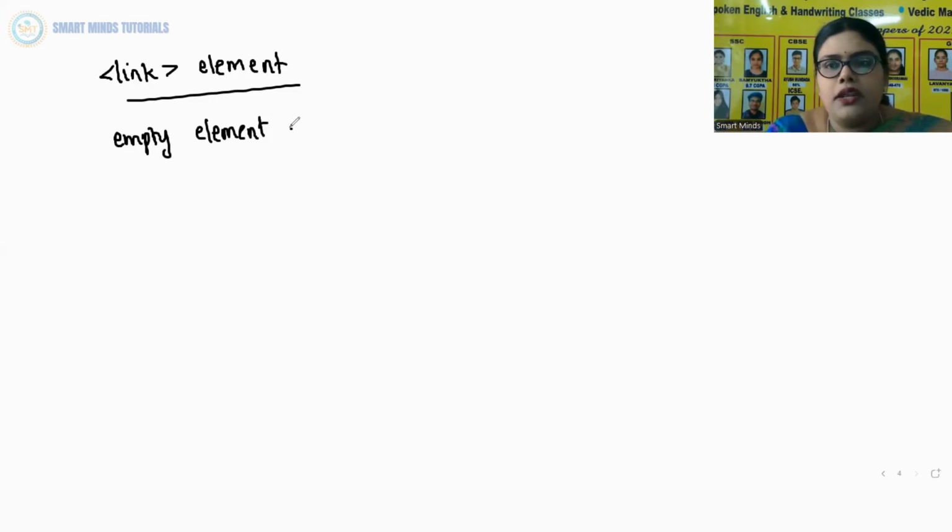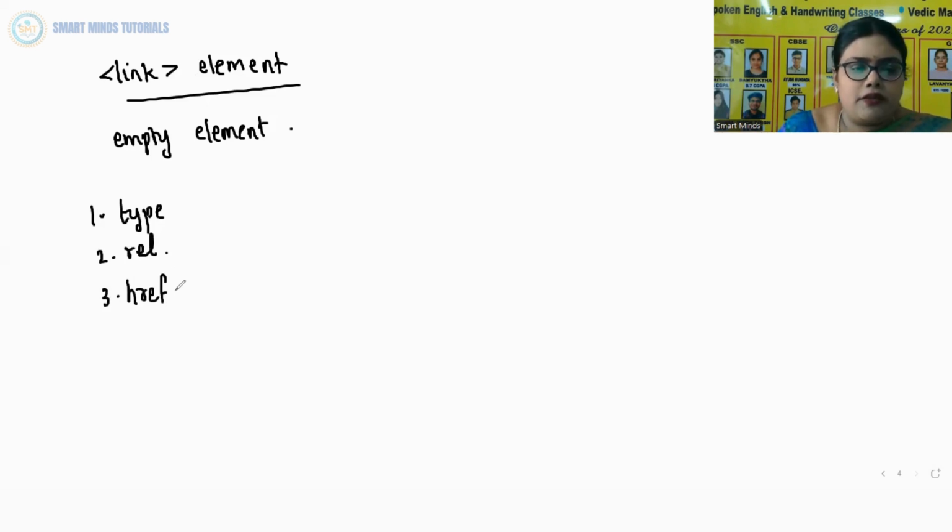And it not only links a style sheet, but also links an RSS feed that correlates with the web page. And the link element has three attributes when it is used for associating a style sheet with the document. So what are the three attributes? Number one is type. Number two is rel. Number three is href.